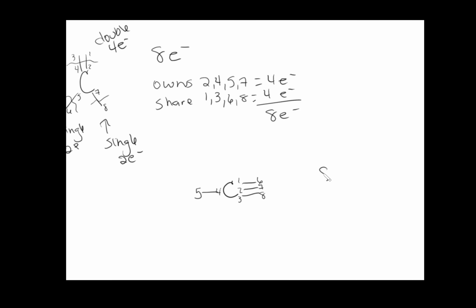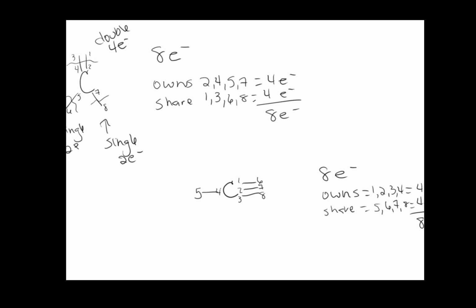So it has 8 electrons. Its octet is complete. It owns, or came from its valence electrons, 1, 2, 3, and 4, and it is sharing 5, 6, 7, and 8 for 4 electrons, for a total of 8 electrons.